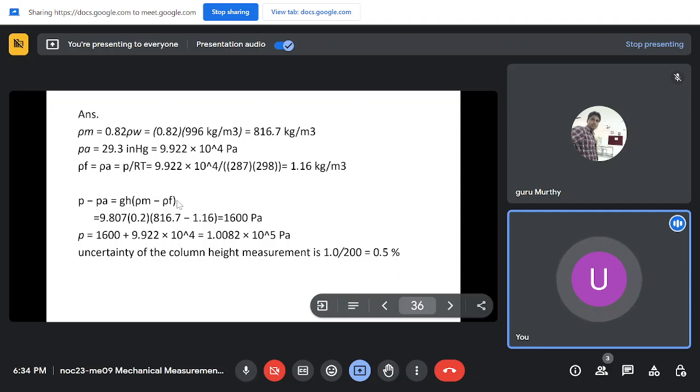So we substitute all the values. g is 9.8 into h, which is given as 20 centimeter, so 0.2, into 816.7 minus 1.16. We have calculated both the density values, so we get 1600 Pascal for the difference in pressure. The pressure will be 1600 Pascal plus the atmospheric pressure. So 1600 plus 9.922 into 10 power 4 will give you 1.008 into 10 power 5 Pascal.